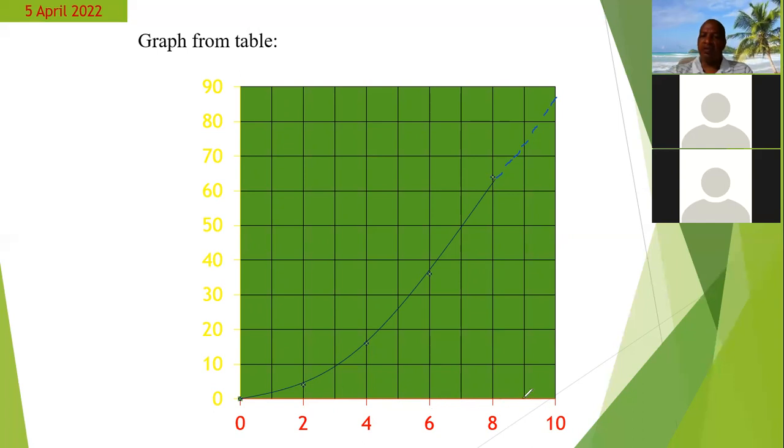So out here, let's say we try to find what the value 9 corresponds to. With this extended line, we go up, we meet where the extended line is, then we go across, and we determine the value that we should be getting here. All right.